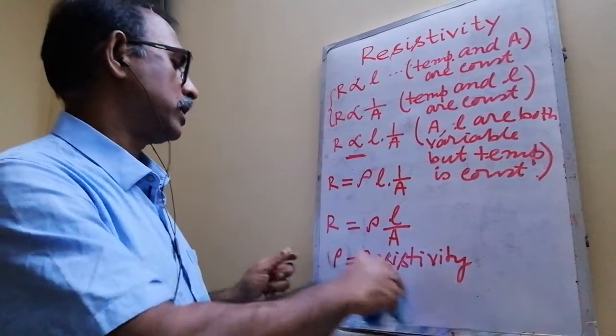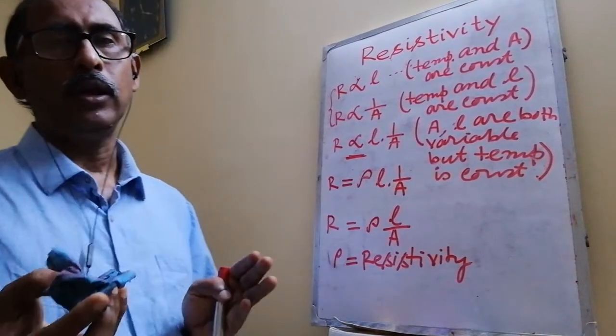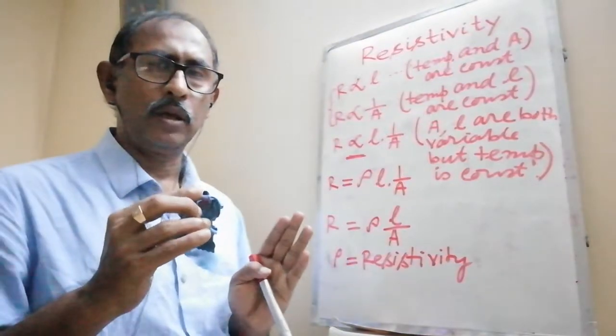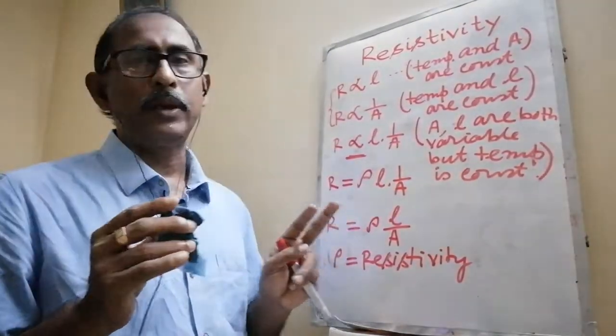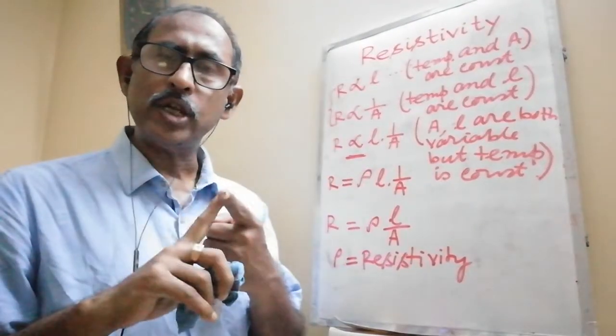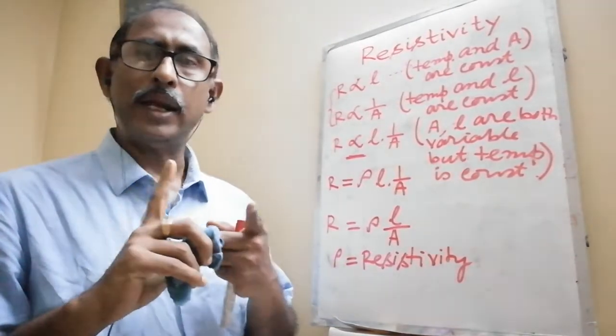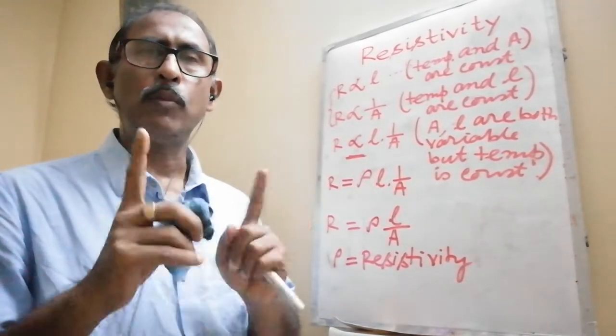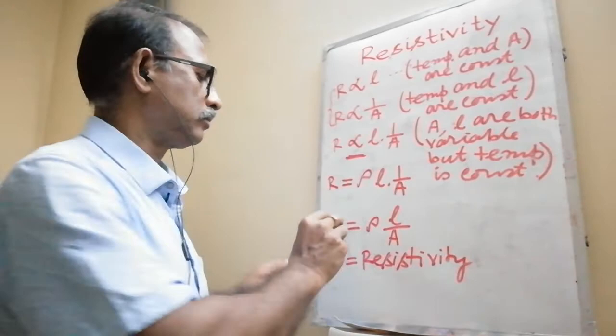Now the question is, how do you define this resistivity? Resistivity is applicable for the material of the conductor, but resistance is applicable for the conductor.